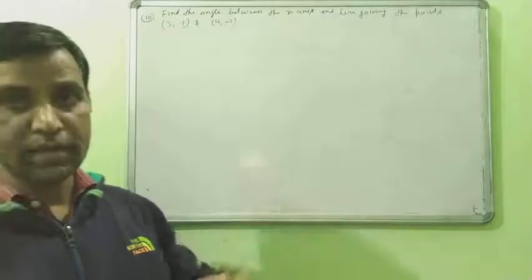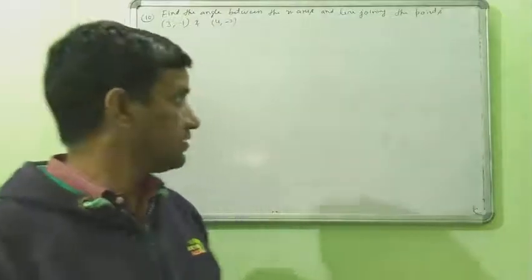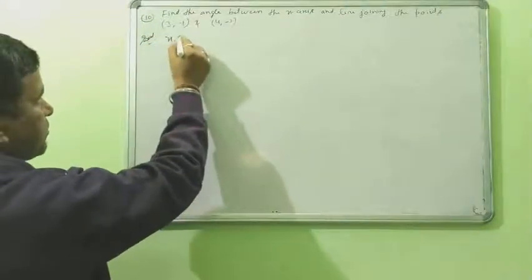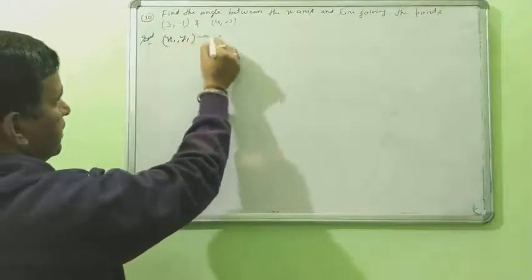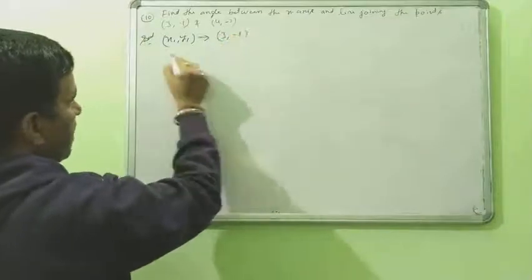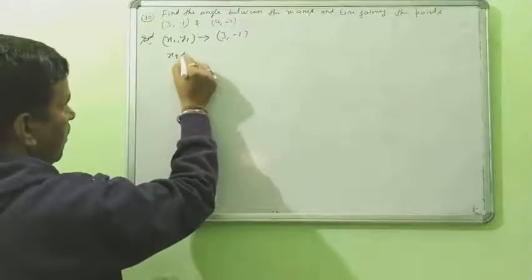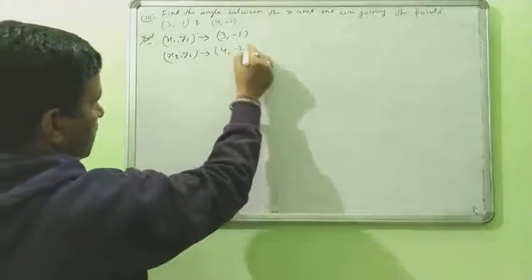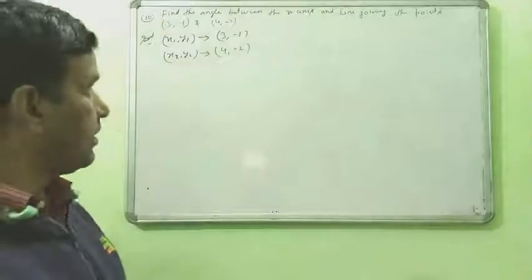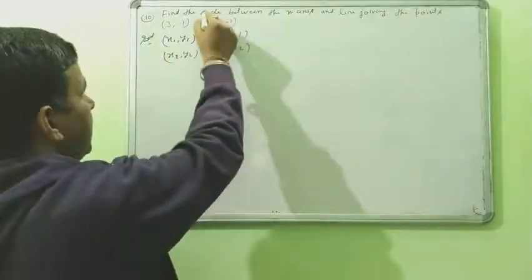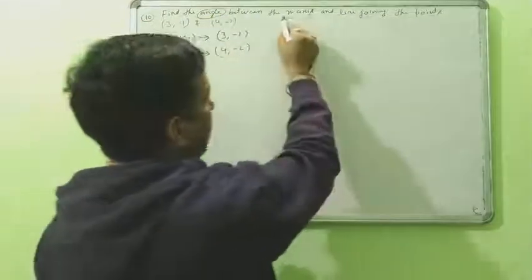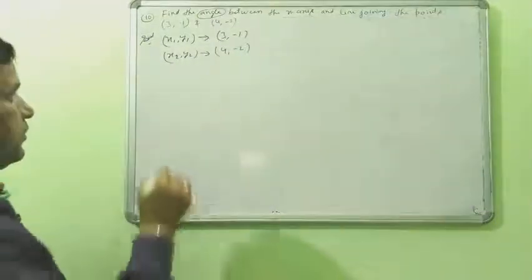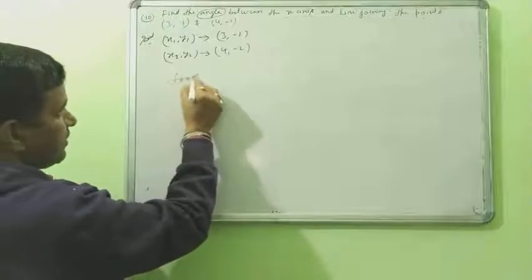So first of all, write x1, y1 as 3, minus 1, and x2, y2 as 4, minus 2. You find the angle between the x-axis and the line joining these two points.